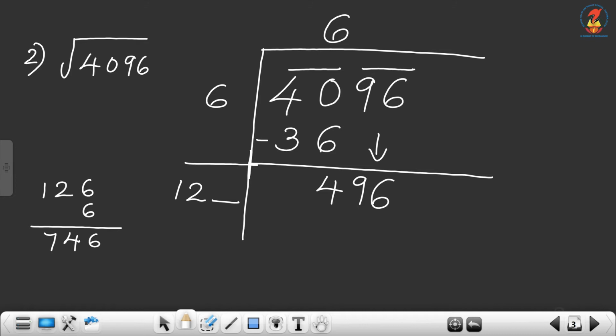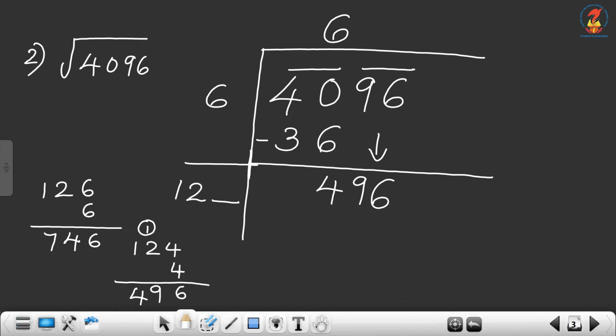Then if you take 4, the new digit is 4, then the next digit in the quotient is also 4. So 124 into 4: 4 4s are 16, carry over 1, 2 4s are 8, 8 plus 1 is 9, 1 into 4 is 4. So here the last digit is 6. So either we can take 6 as the last digit or we can take 4 as the last digit.